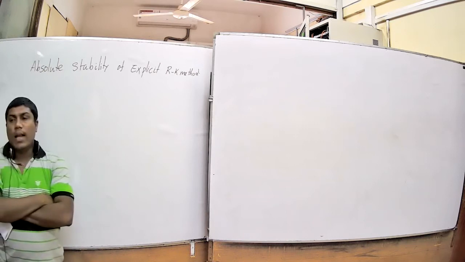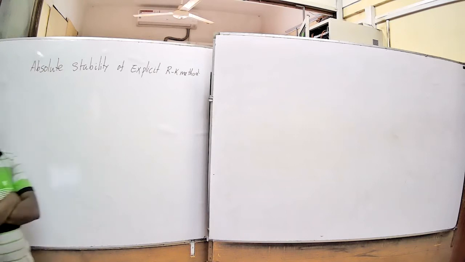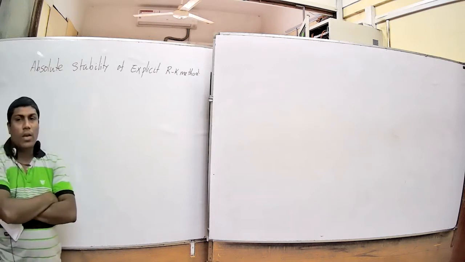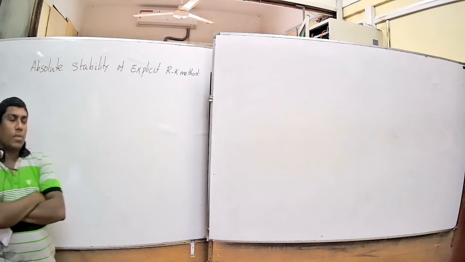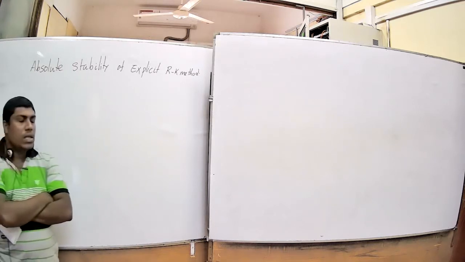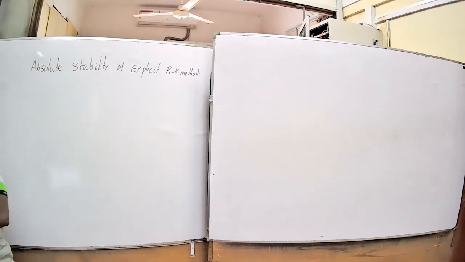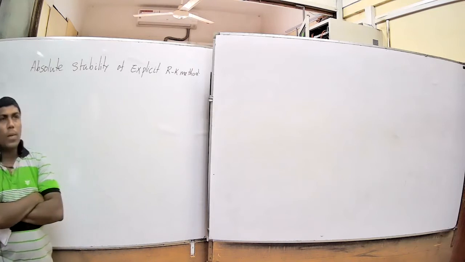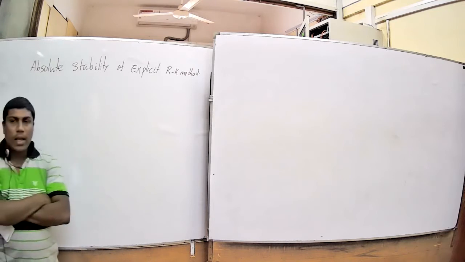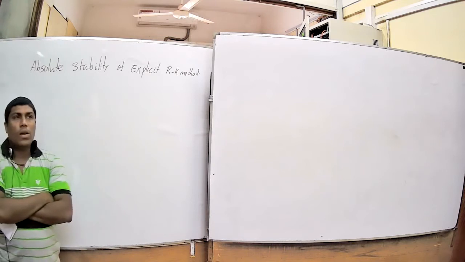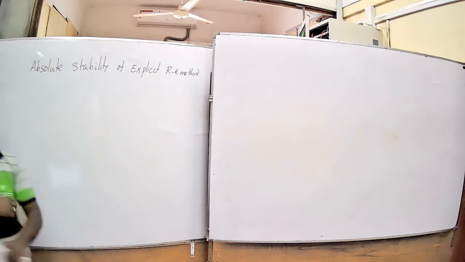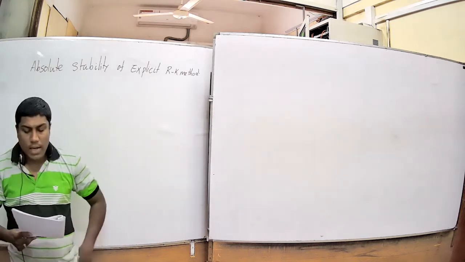From that we try to see a condition: the absolute value of R of z should be less than 1 for the z's, which is h lambda, right? That we call the region for the absolute stability.